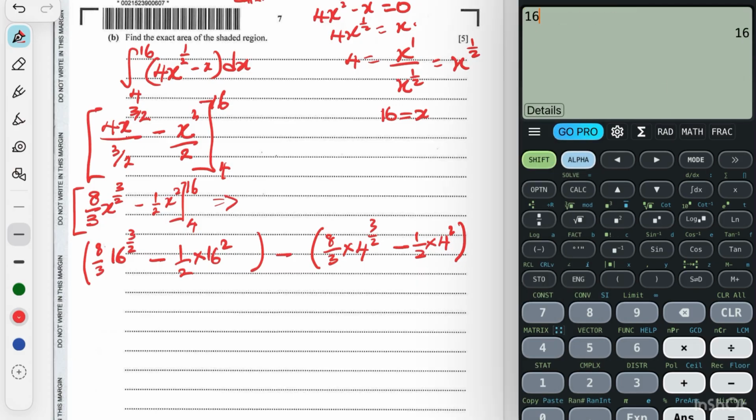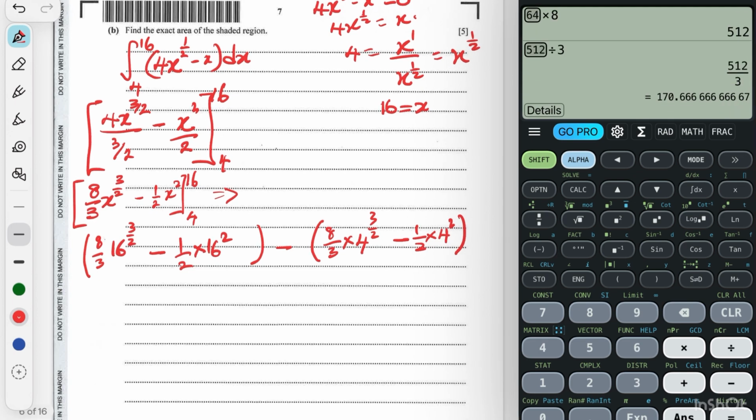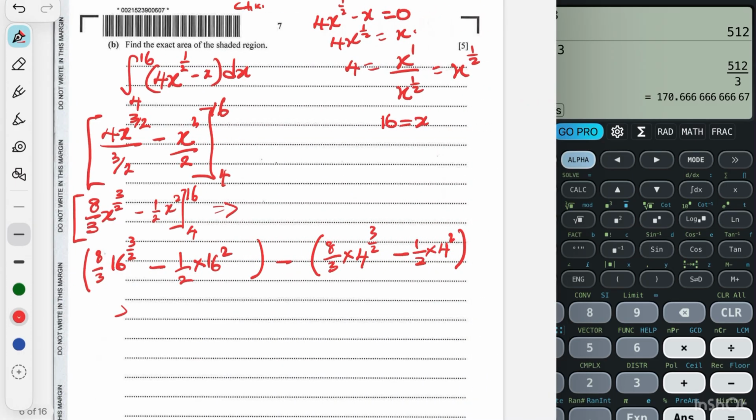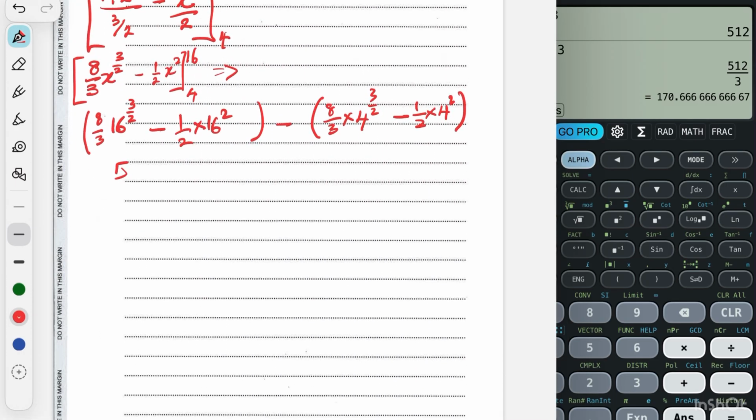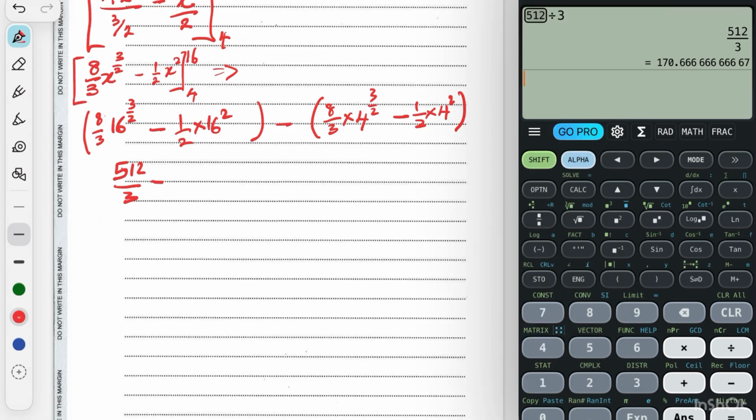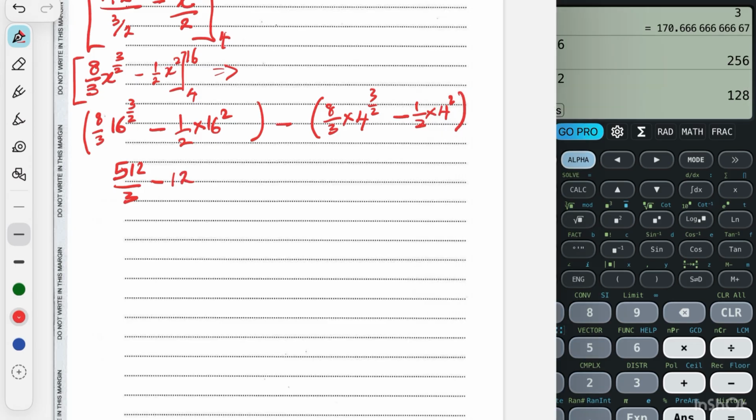So 16 to the power of 1.5 will give me 64, right? Times 8 divide 3. So that gives me 512 over 3 minus 16 times 16 divided by 2, minus 128.